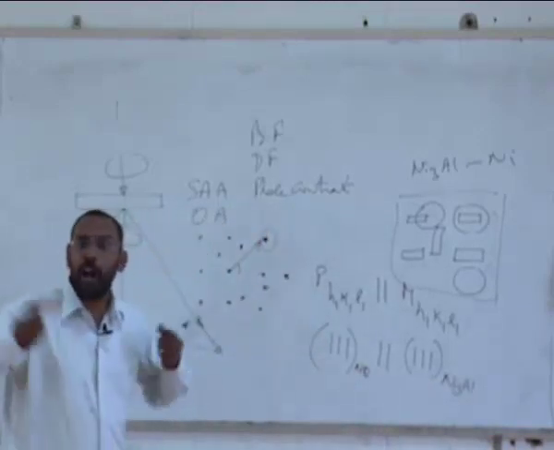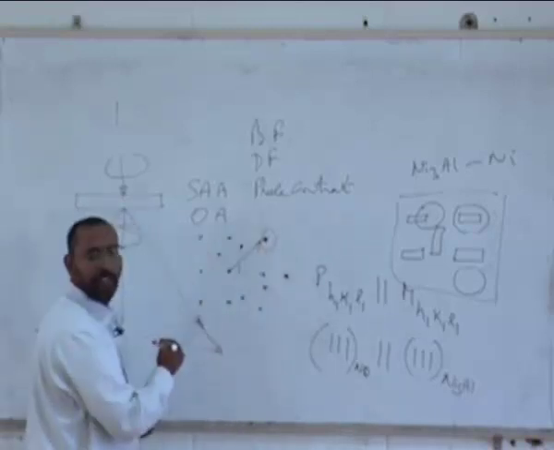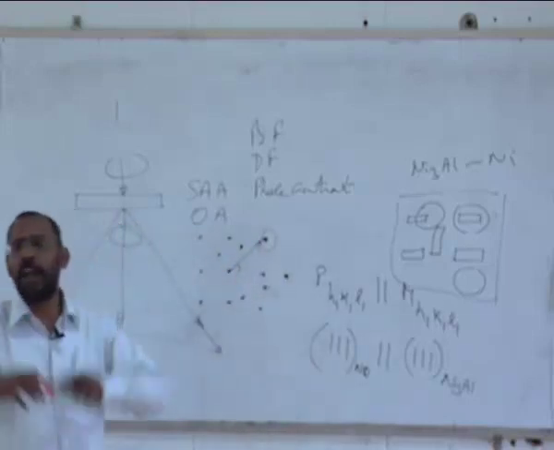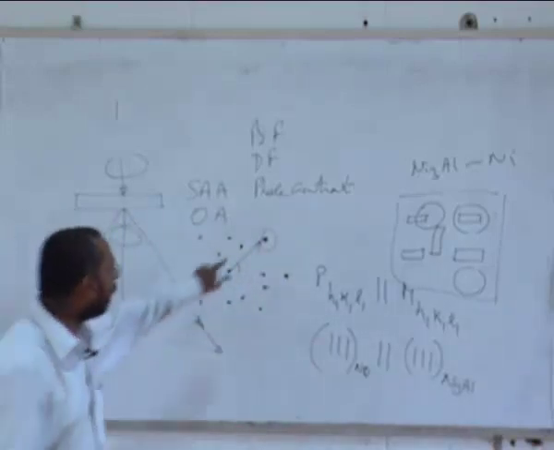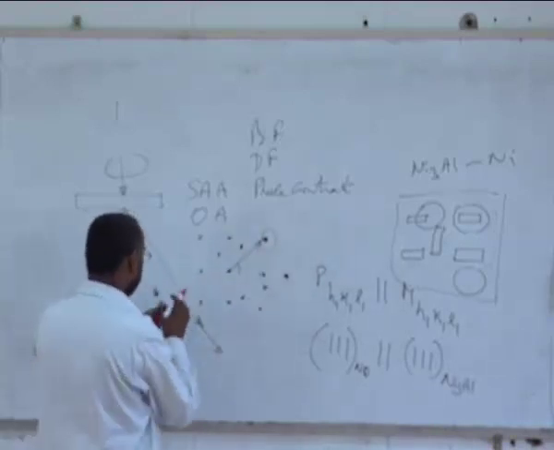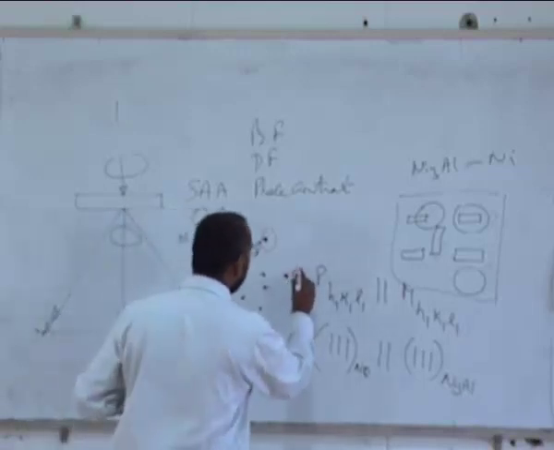And to find out what are those HKLs, what should I do? I should index this pattern and I should also index this pattern separately. If I index these two patterns separately, then I will get one HKL when I am indexing this pattern. This pattern may be belonging to nickel. This pattern may be belonging to Ni3Al.